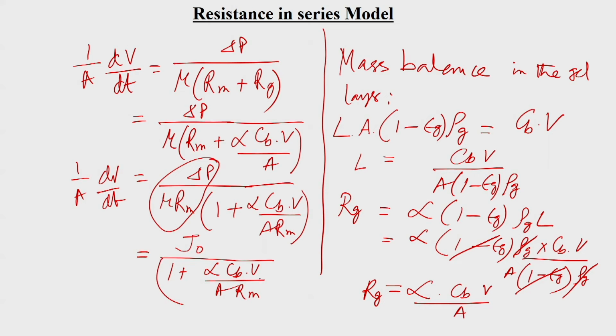Okay. So, now we are getting 1 by A dV dt is equal to J 0, the initial flux value, into 1 plus alpha into C b into V by A into R m. Now we will take the initial condition: when t is equal to 0, V will be equal to 0.